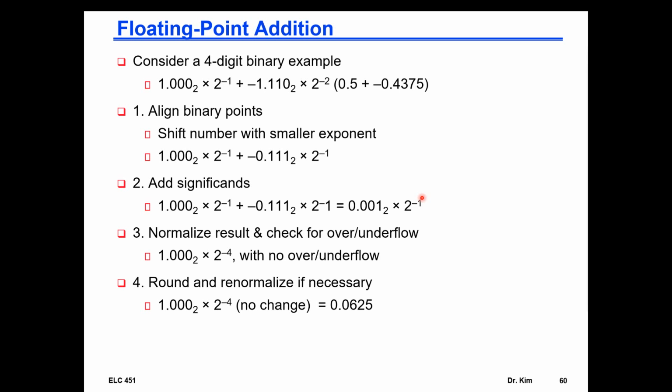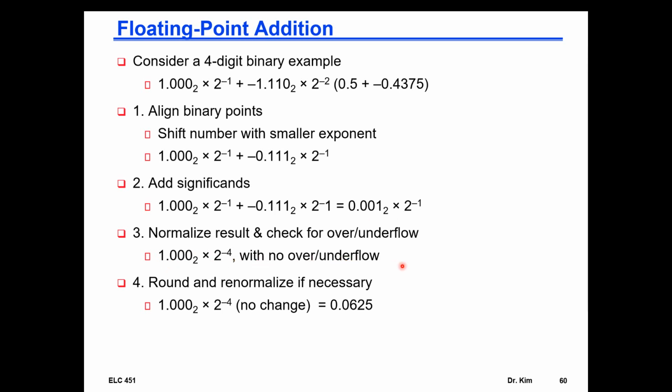And then we normalize again, because remember we want 1 point something, and in the process of normalizing, we adjust the exponent. So this number over here becomes 1.000 times 2 to the minus 4.